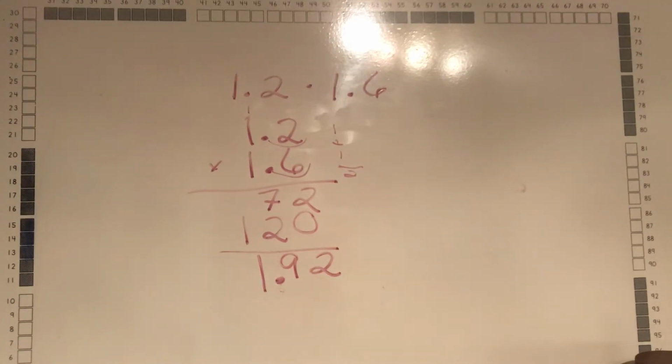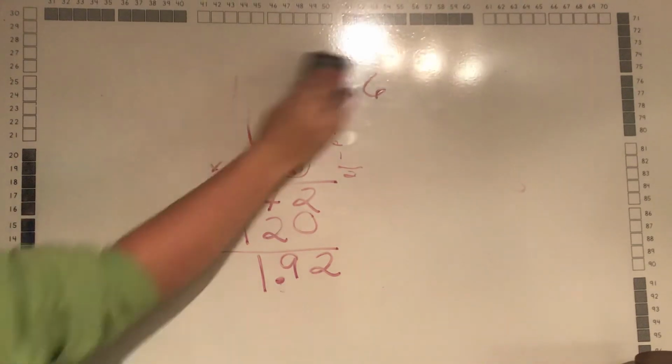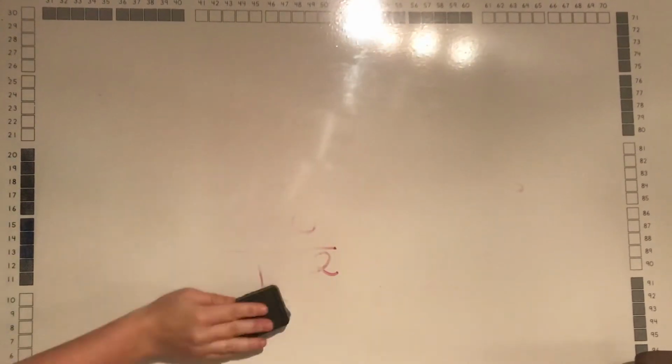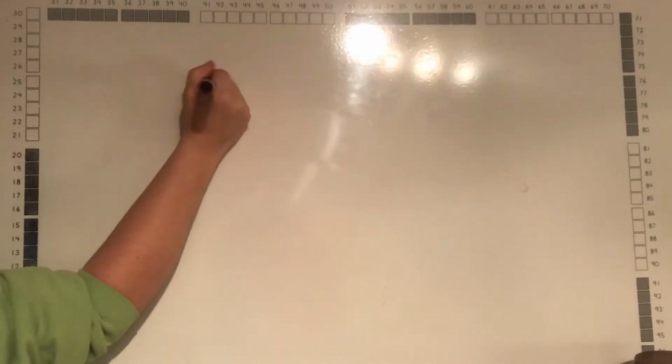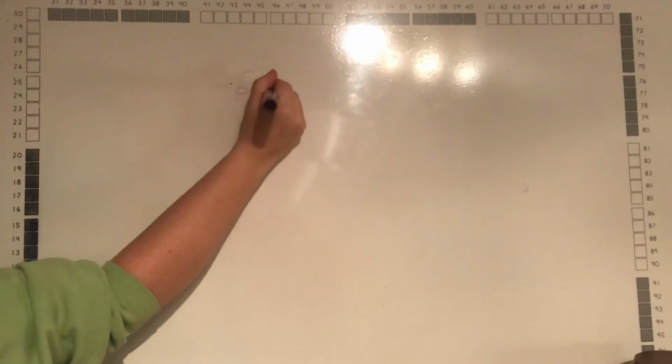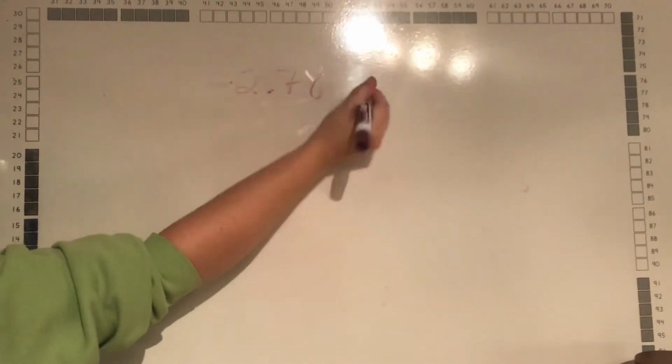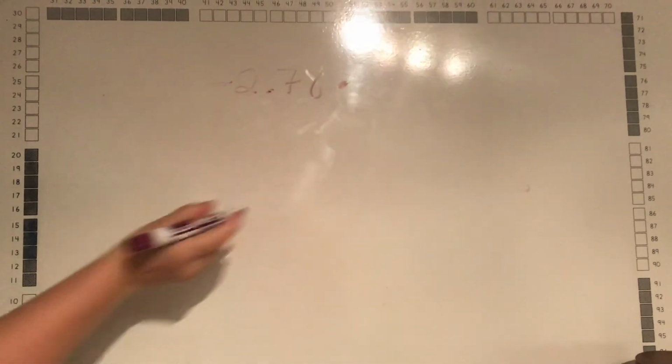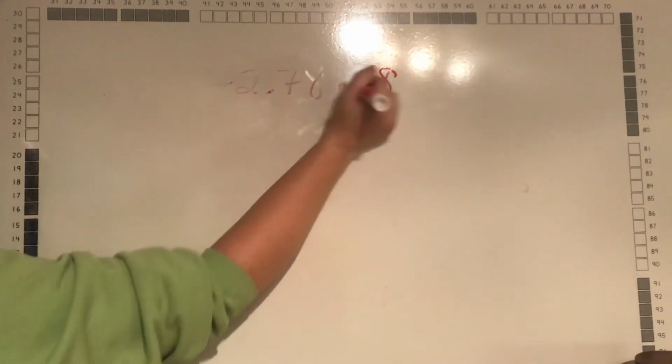So let's try one where our decimal places are not the same in each factor. In example 2b, we have the following problem. They give us negative 2.78 times, this marker is dying, 0.8.